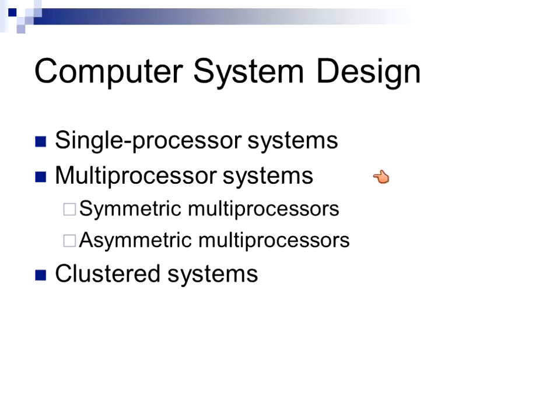The other type of system design you might see is multiprocessor systems. This is when there's actually more than one CPU in a system, and they can have different relationships: symmetric and asymmetric.